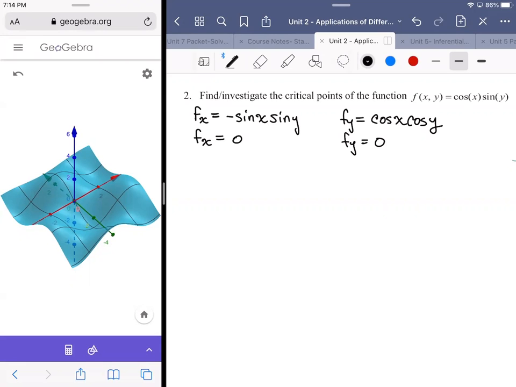So f sub x, negative sine x sine y, can be equal to 0 when sine of x is equal to 0, or sine of y is equal to 0.